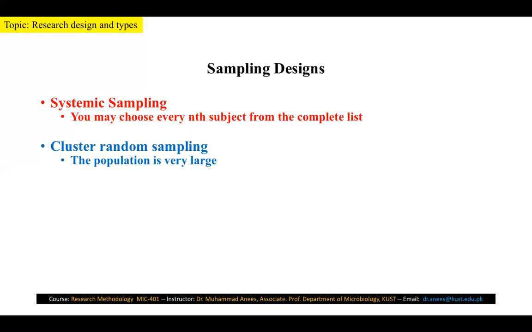For example, you have to sample the whole province. In this case, you have natural units that are cities. So you can select different cities as units, and within each city you do random sampling. This type of random sampling is known as cluster random sampling.